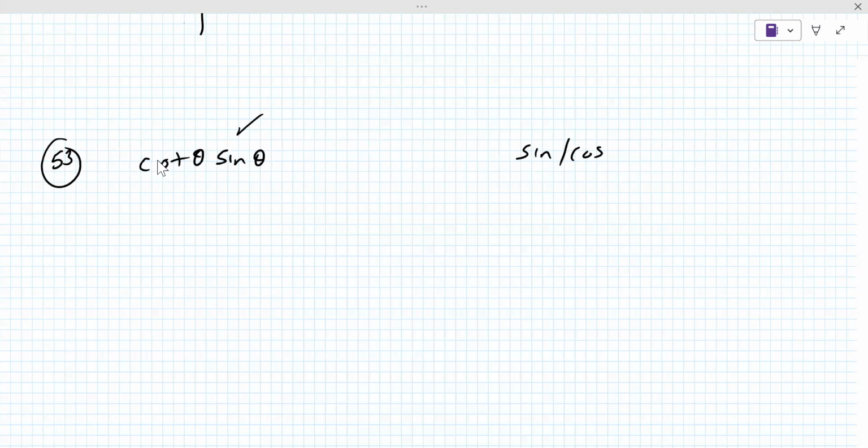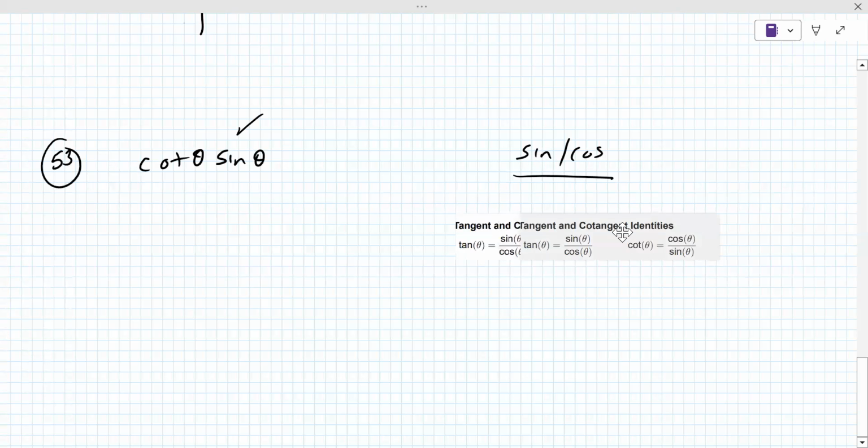So would that be 1 over tangent? It is, but that's not very helpful because again, you want it in terms of sine and cosine. You're getting closer. It is the tangent and cotangent identities there. Oh, is it cosine over sine? Yes, yes, yes.